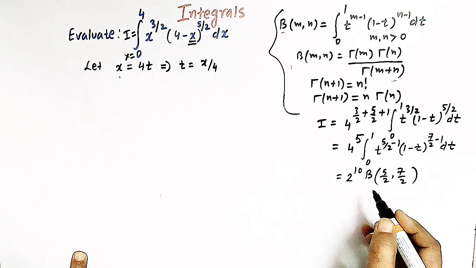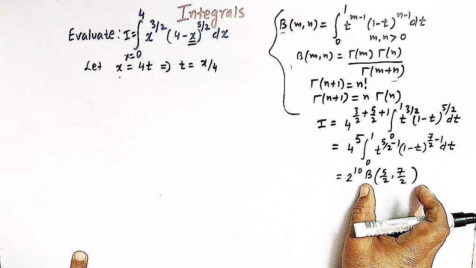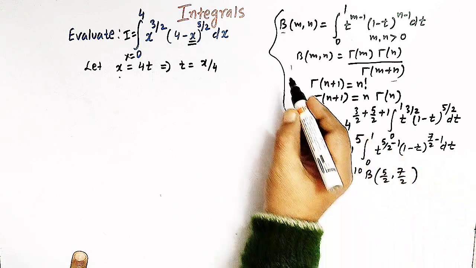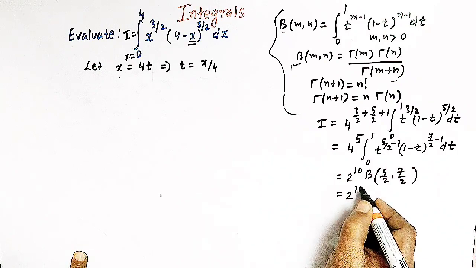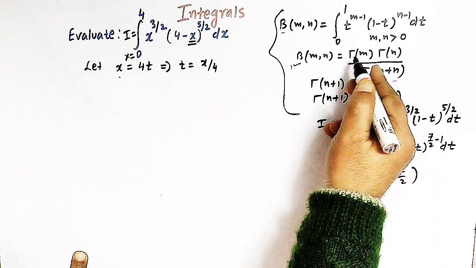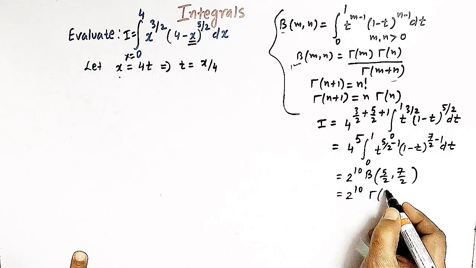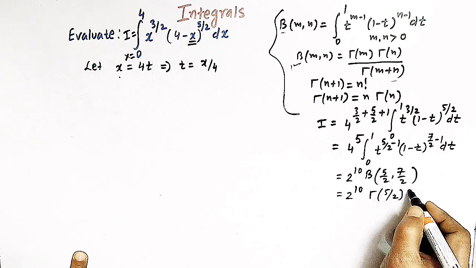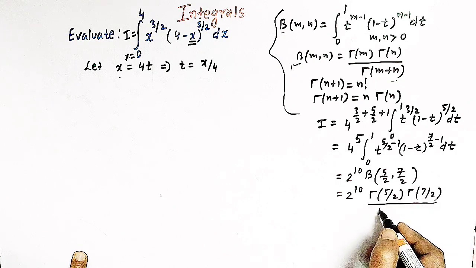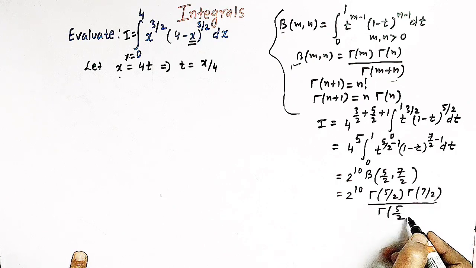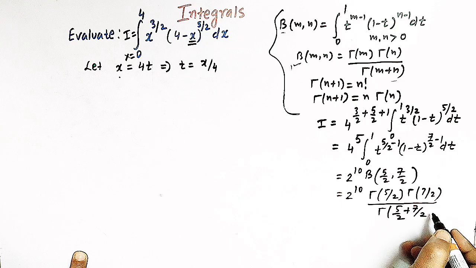So now to calculate the value of this beta function, we have to make use of this result. So we have 2 raised to 10, then we have gamma m, which is gamma 5 by 2, then we have gamma 7 over 2 divided by gamma 5 over 2 plus 7 over 2.